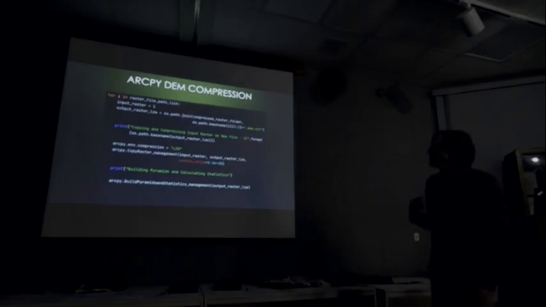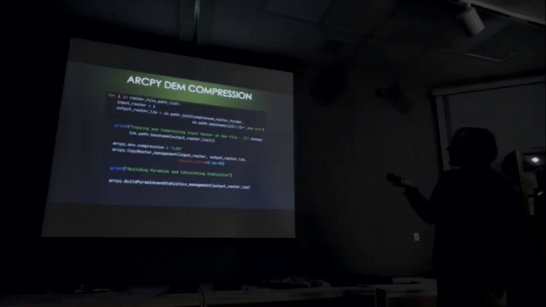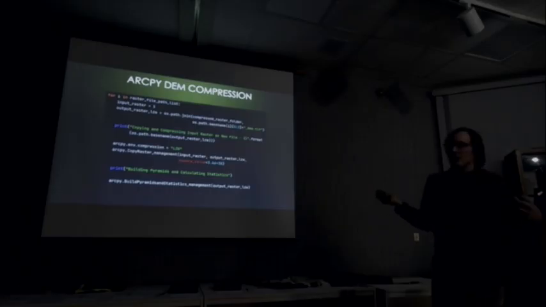So I created a 1 by 1 meter DEM for every county in South Dakota, so they all had consistent specifications, and then I ran this code overnight to compress all 66 of those viable DEMs to usually about half of the size that they were initially.